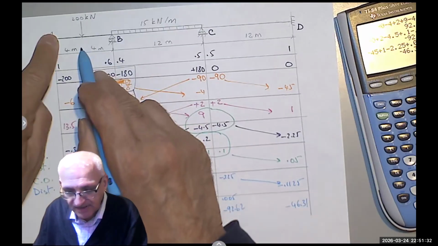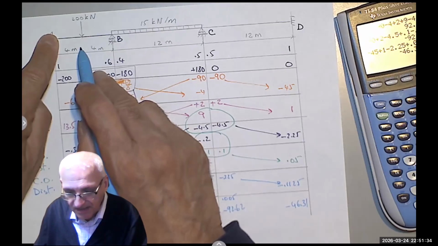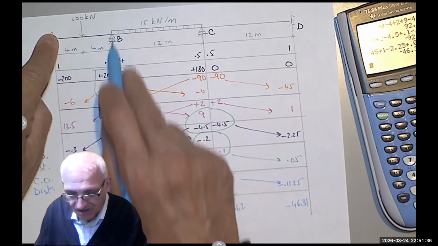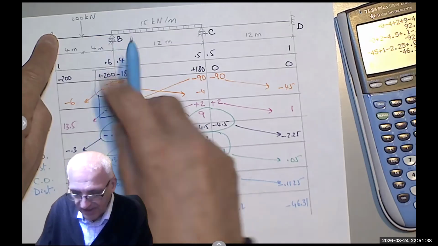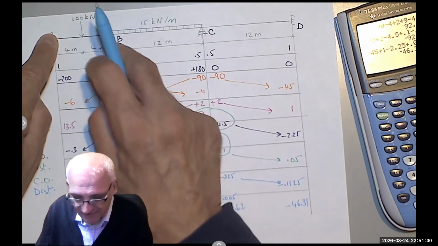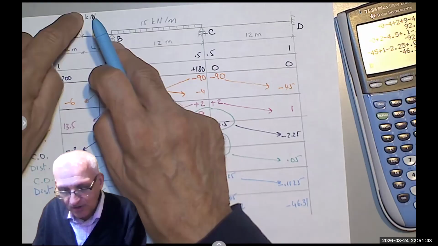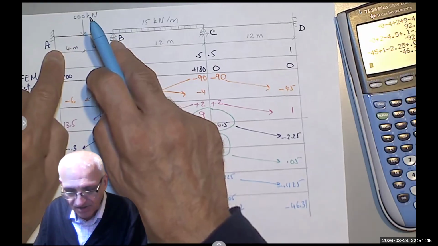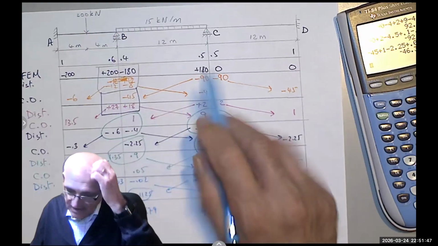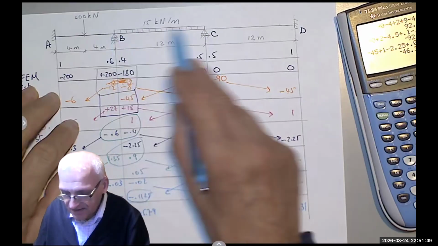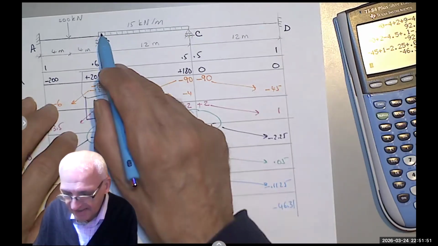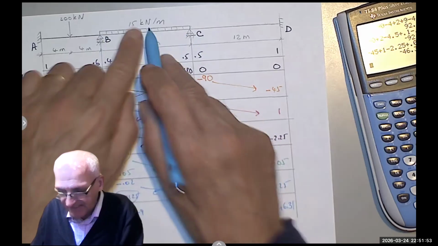If I take the moment about here, I can get the reaction on the left-hand side, so the reaction at B on the left, subtract it from 200, get the reaction on the right. And then this is the middle part. I have the distributed load half and half.